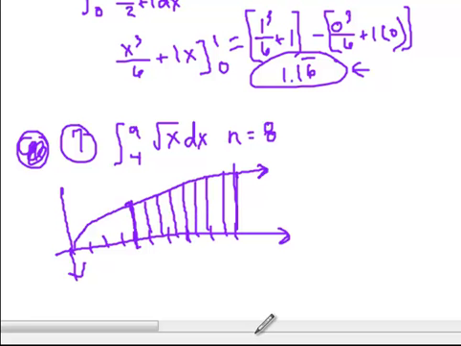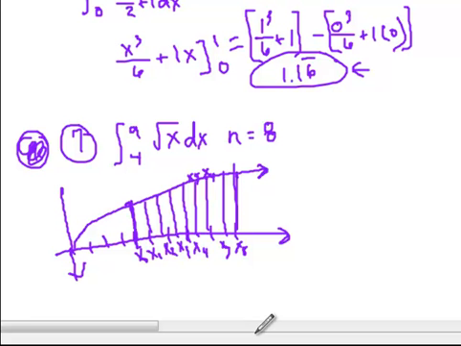So what you have to realize is this is your x sub 0, this is your x sub 1, x sub 2, x sub 3, x sub 4, and this one's just tedious more than anything. Sorry, x sub 5, I ran out of room, x sub 6, x sub 7, and this would be x sub 8. Sorry, this is very messy, but I just want to be able to get you set up.